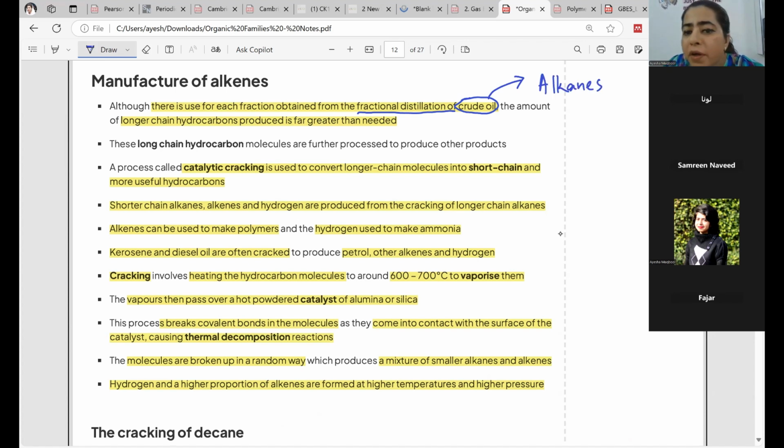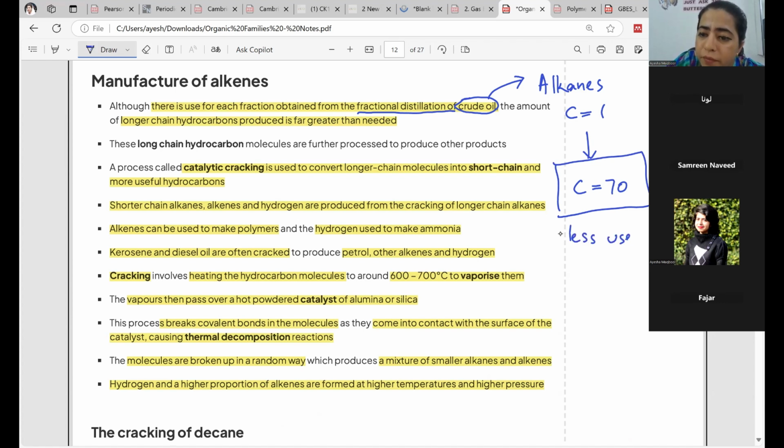And if you remember, we said that we are going to get the alkanes starting with carbon number 1, 2, 3 till maximum carbon number 70 or sometimes above 70 as well. So these alkanes, which are basically having a higher number of carbon atoms, like 30, 40, 50, 70, they are less useful.